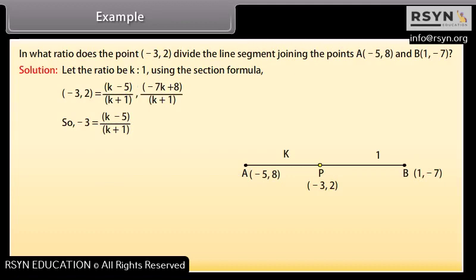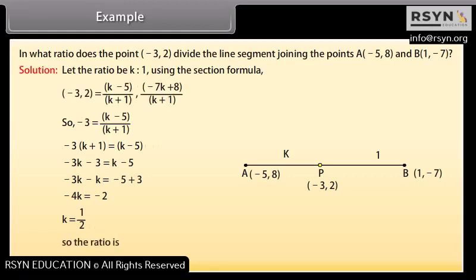So, -3 is equal to k minus 5 by k plus 1. -3 into k plus 1 equals k minus 5, which is equal to -3k minus 3 equals k minus 5, equal to -3k minus k equals -5 plus 3, which is -4k equals -2. K is 1 by 2. So the ratio k:1 is equal to 1:2.